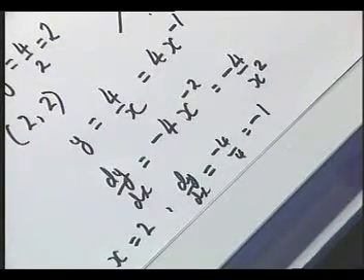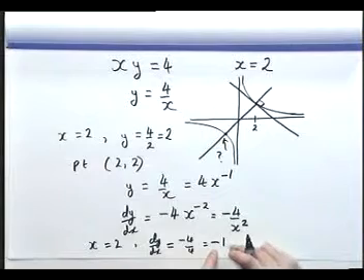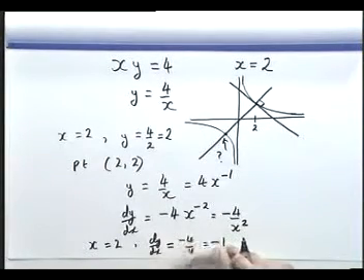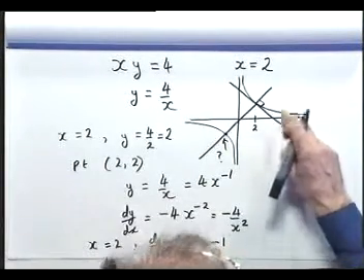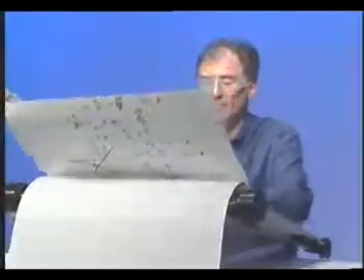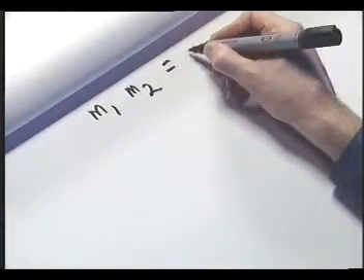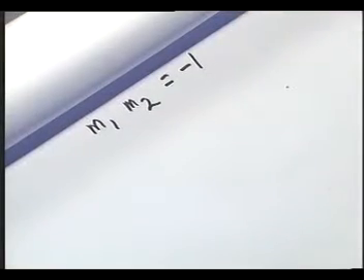So, what have I got? I've got the point (2, 2), and I've got the gradient of the tangent. And remember, tangent and normal are at right angles. So for two lines at right angles, m1 times m2 is minus 1.